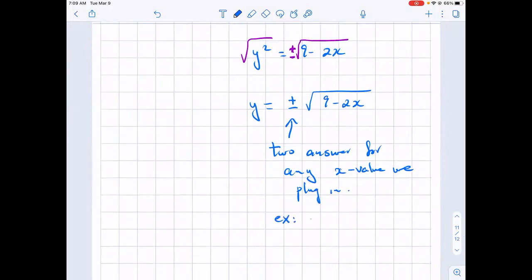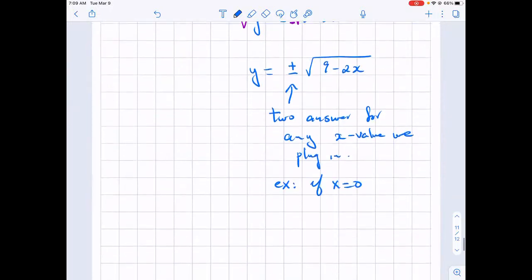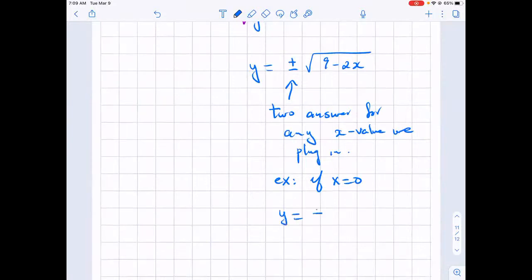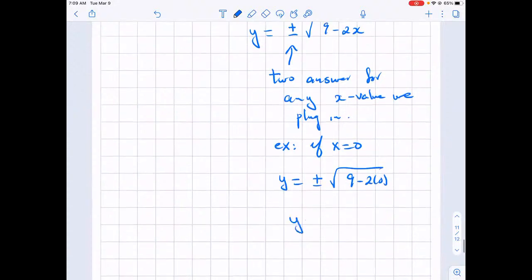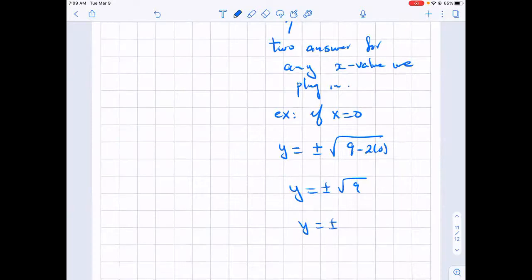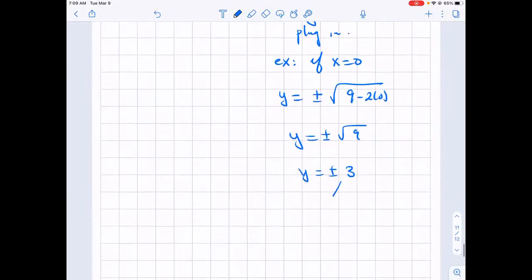Example, if x is equal to 0, you'll get y is equal to plus or minus the square root of 9 minus 2 times 0. Y is equal to plus or minus the square root of 9. So y is equal to plus or minus 3, which means that y is equal to 3 and y is equal to minus 3. So you end up getting two values.